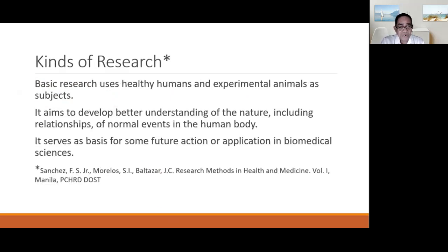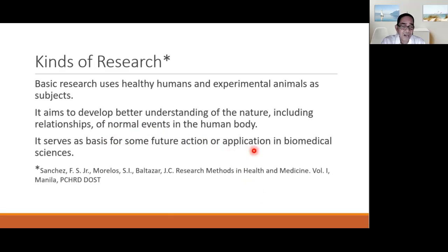Basic research uses healthy humans and experimental animals as subjects, and it aims to develop better understanding of the nature, including relationship of normal events in the human body, and it serves as basis for some future action or application in biomedical sciences.